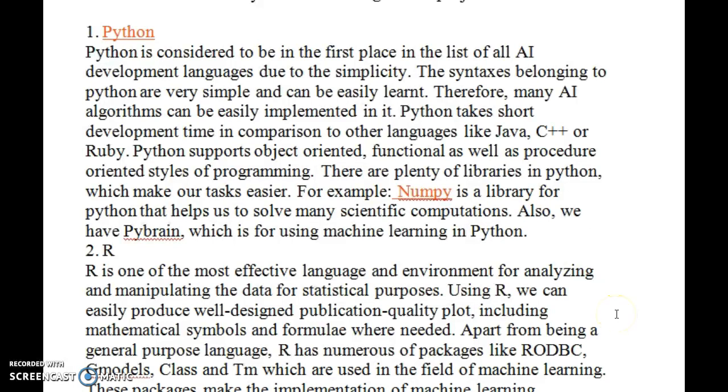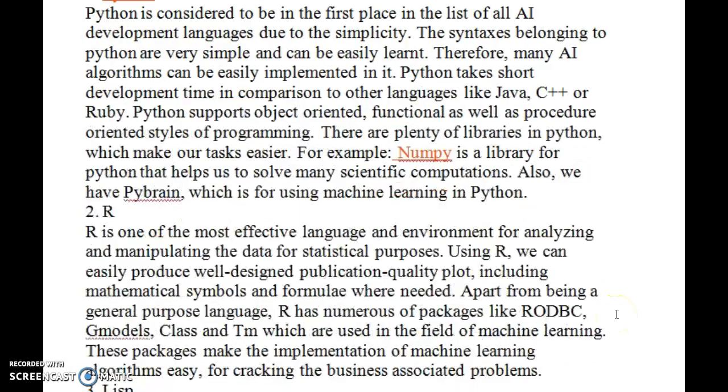R is one of the most effective languages and environments for analyzing and manipulating data for statistical purposes. Using R, we can easily produce well-designed publication-quality plots, including mathematical symbols and formulas where needed.